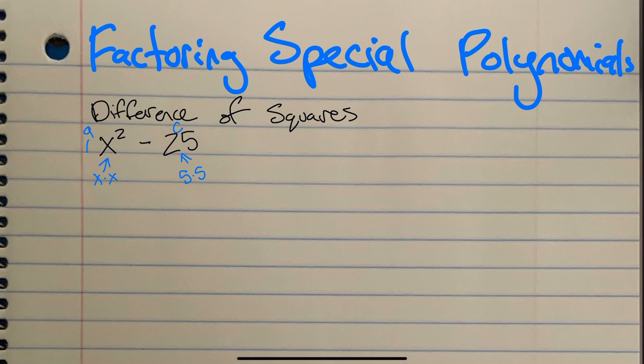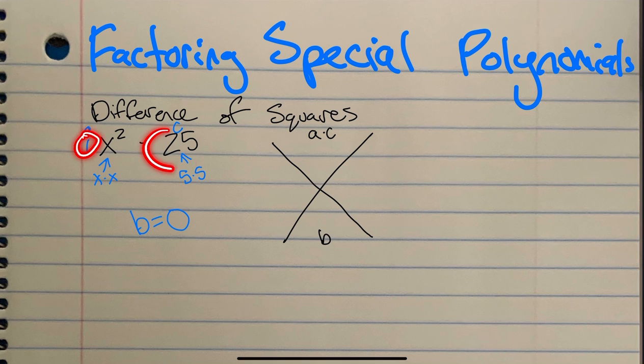So since we don't have a B in this problem, that means our B is going to be 0. Okay? All right, so we're going to factor this like we usually do with our x. A times c is going to go at the top. So we have 1 times negative 25, so that's going to be negative 25 at the top. At the bottom is our b, but we just said that b was going to be 0.